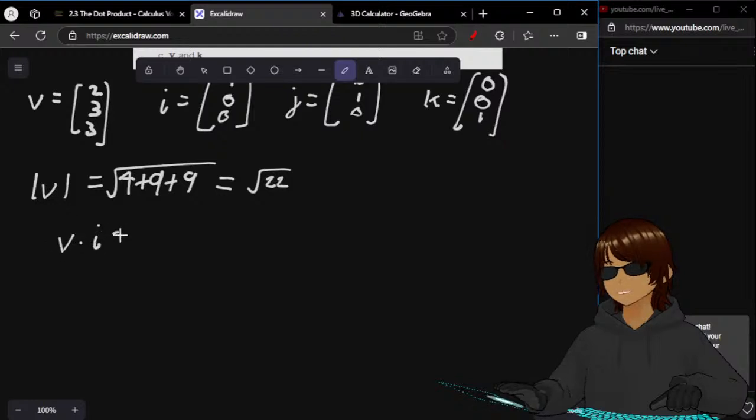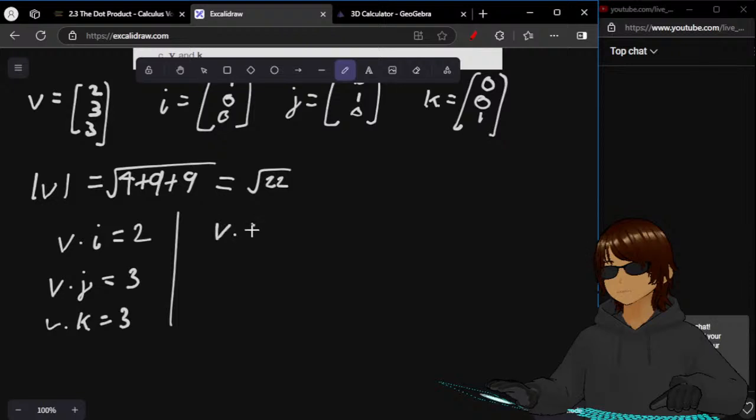V dot I is equal to just 2 because 3 times 0, 3 times 0. So we are left with 2. Also V dot J is 3. And then V dot K is 3. So we have this. So cos theta, we are left with 2 over root 22.